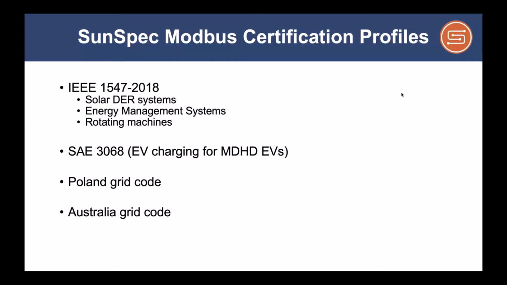We are intending to and are working on an energy management profile, and we've seen recent demand for rotating machines. So one thing about IEEE 1547 is that it covers any machinery that would connect to a utility grid, and that could be a mechanical system, a rotating machine to generate power. So that's another use case that we will support.